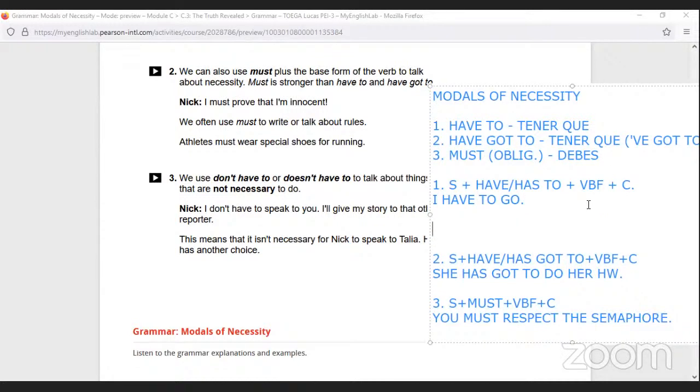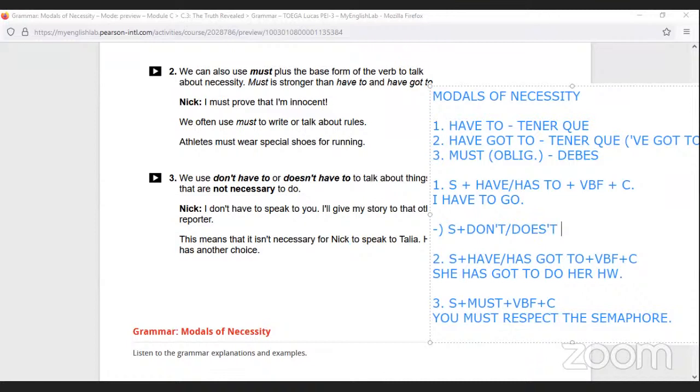The negative is going to be like this: subject, and in present, depending on the tense, don't or doesn't, depending on the subject.